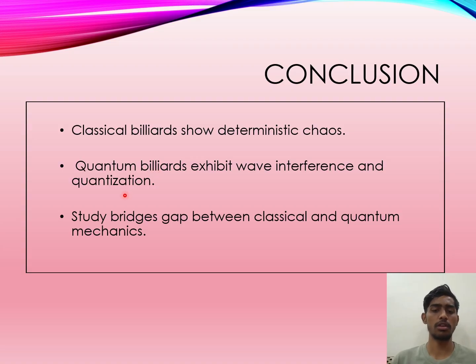As you know, in this we learn the gap between classical and quantum mechanics, which is the bridge gap. As I told you, in classical we use real values, in quantum we use complex values. So this is the major point which creates a gap between both these mechanics.